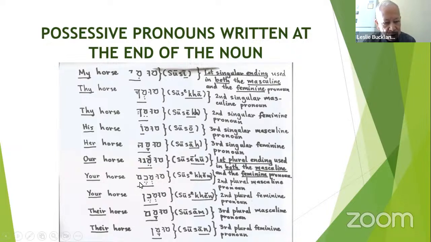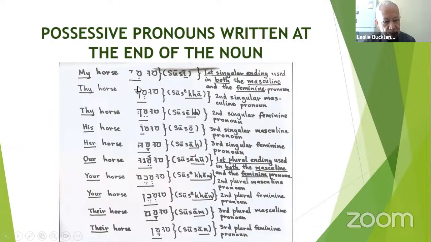Then when you have susekem, it's not just horse, but your horse, plural. When you have susaken, it's your horse, plural. When you have susam, it's their horse. And when you have susan, it means their horse.